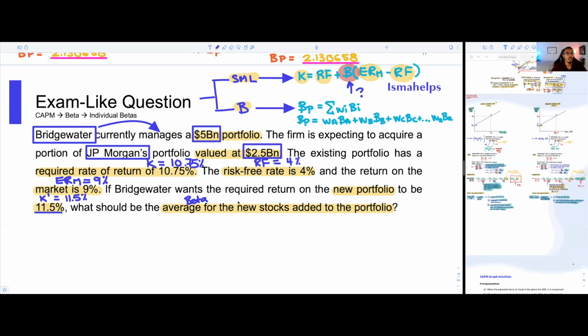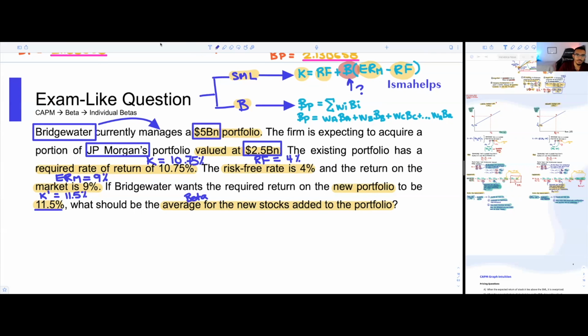Let me just throw more context at you. If we invested, I'll use a different color here. Cool, so we're invested in Bridgewater, and we're invested in JP Morgan.